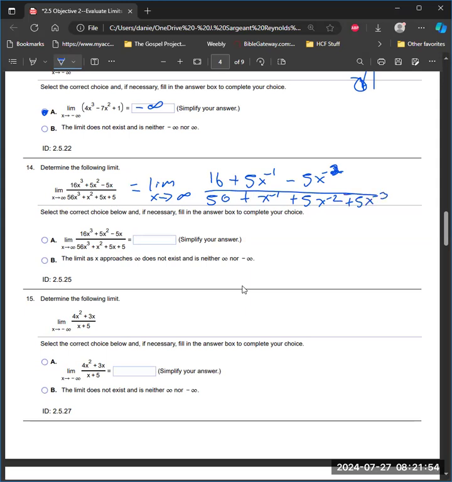And any of the terms with negative exponents here are going to go to 0 as I take the limit going to infinity. So this is going to be 16 over 56. Let's reduce that. That's 4 over 14, which is 2 over 7.